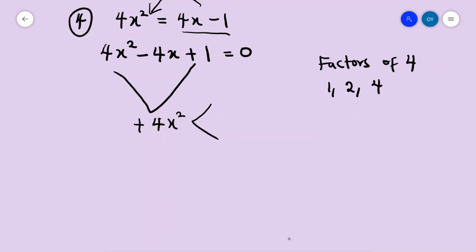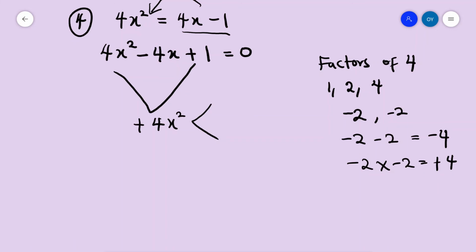That would be negative 2 and negative 2. So negative 2 plus negative 2 gives negative 4, and negative 2 times negative 2 gives positive 4. So we substitute with this. So we have negative 2x, negative 2x. So we substitute this back into the equation.